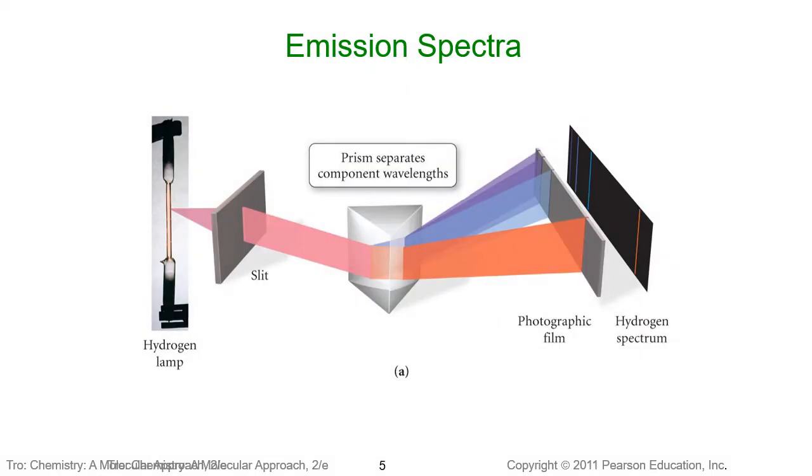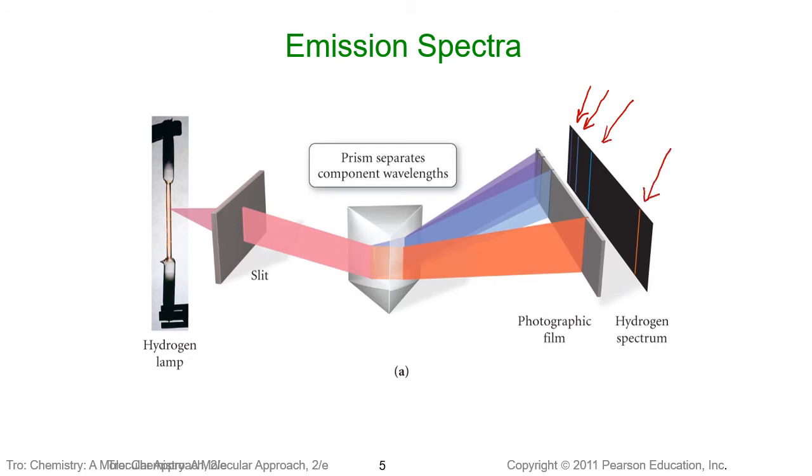Because different elements have different colors that we see, we can use those colors to help identify which element is which. By passing the light that they produce through a prism, we see very distinct wavelengths of light that are produced.